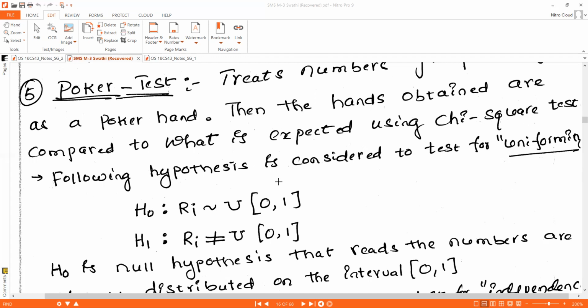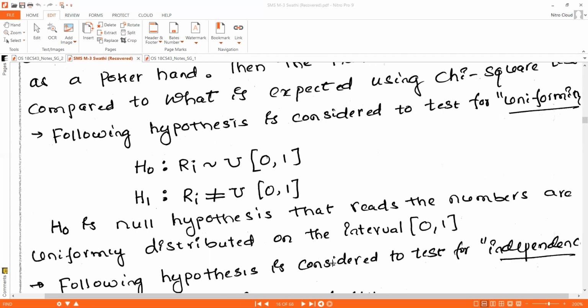H0 and H1 are hypothesis 0 and hypothesis 1. H0 is the null hypothesis, which reads that the numbers are uniformly distributed on the interval 0 to 1. H1 represents hypothesis 1.